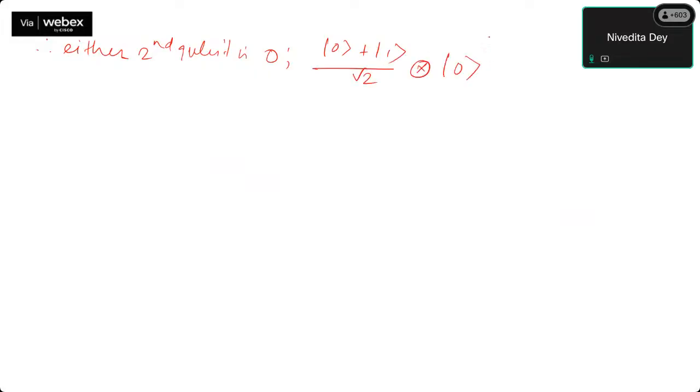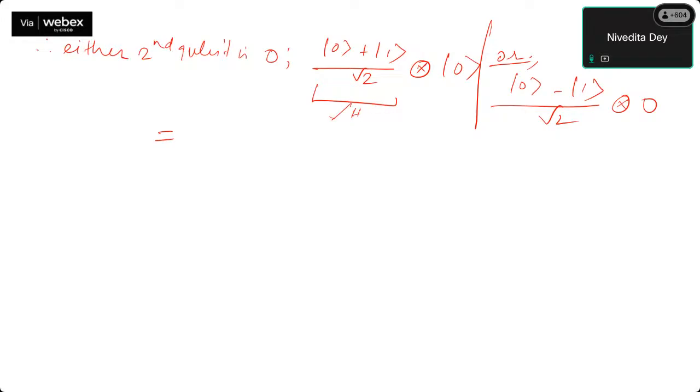Now since the second qubit is 0, assuming that, then the first qubit can be either of the two. Considering the second qubit is 0 itself, this goes through Hadamard, and this also goes through Hadamard.